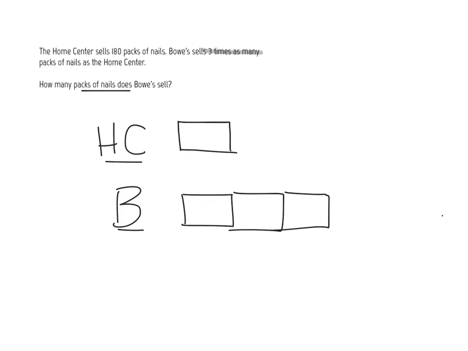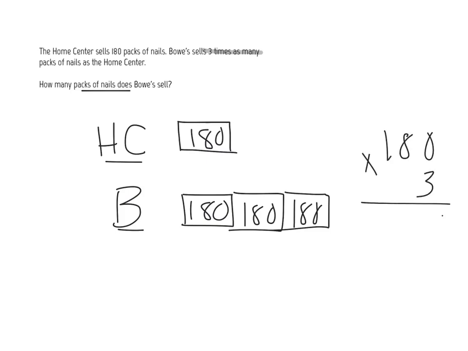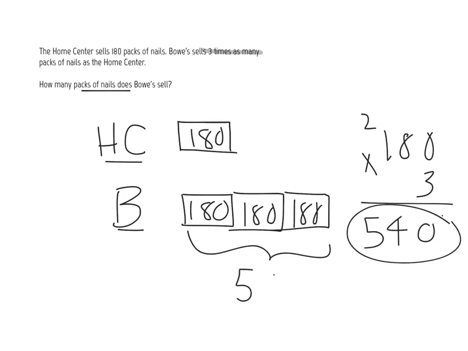So here, if we know 1 unit is 180 packs, then we know that Bose sells 3 times 180, or 540 total nails. And this comparison model between the home center and Bose might not seem as though it helps us out that much, but we will use something similar when we get to division later.